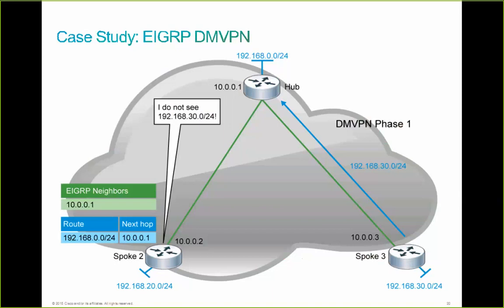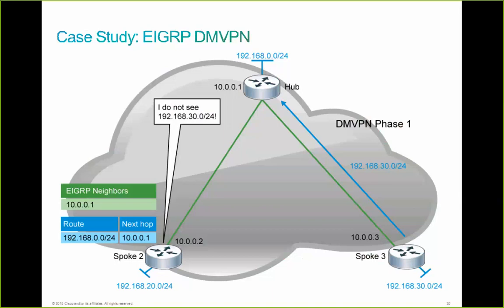It doesn't matter which phase of DMVPN we're using, or how complex our topology is. EIGRP routers will always establish neighbor adjacencies in a hub and spoke manner. Even if we have spoke-to-spoke communication, allowing the spokes to communicate with each other directly, we still see adjacency establishment in a hub and spoke design.